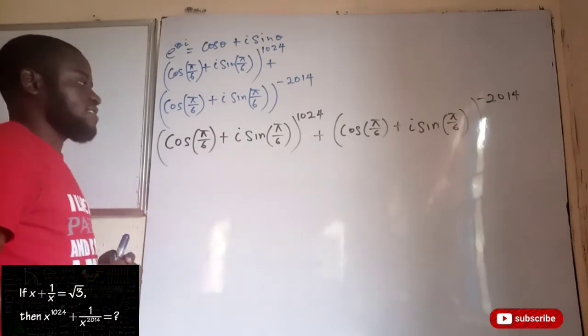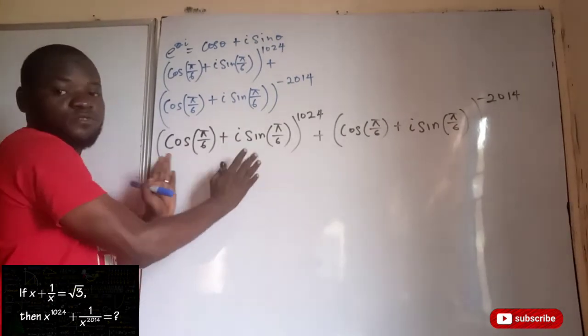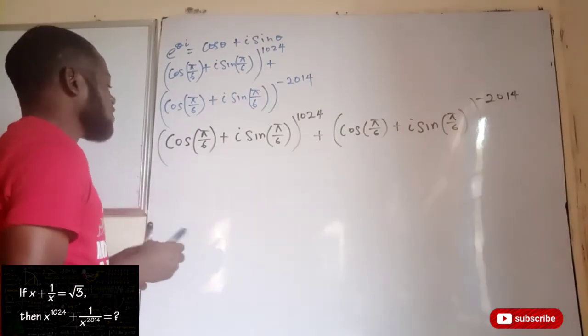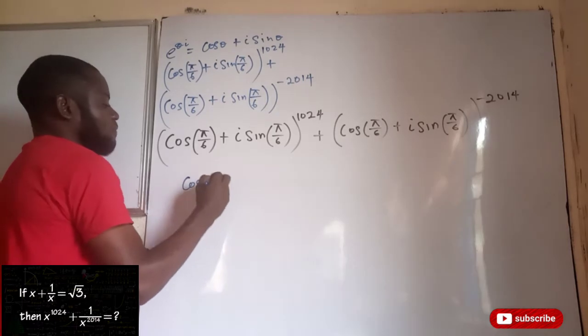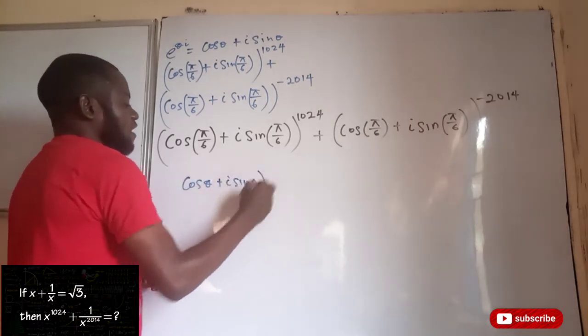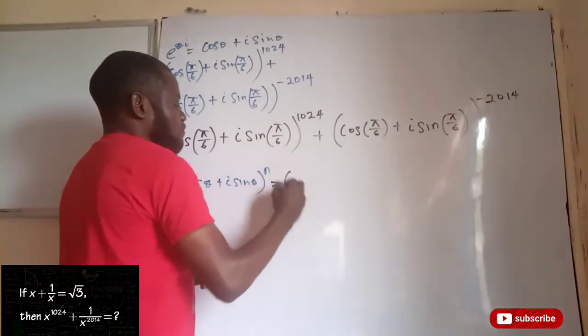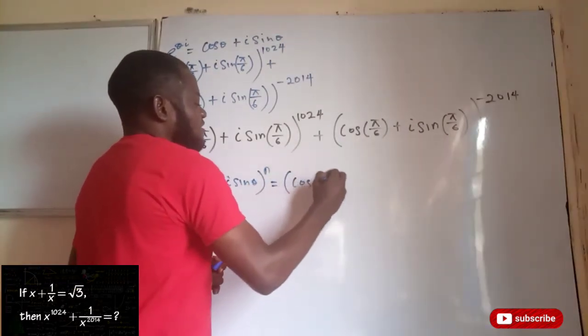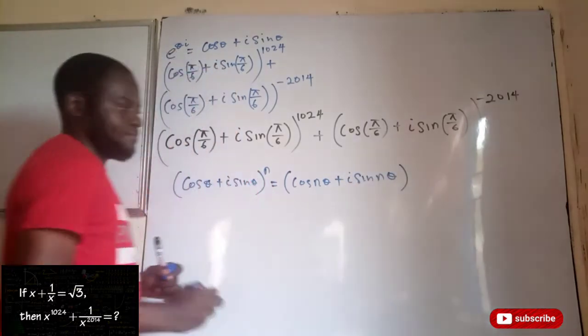But don't stress yourself. A theorem known as De Moivre's theorem can help us out to simplify this. De Moivre's theorem states that if I have cos of theta plus i sine of theta raised to the power of n, my result is going to be cos of n theta plus i sine of n theta.